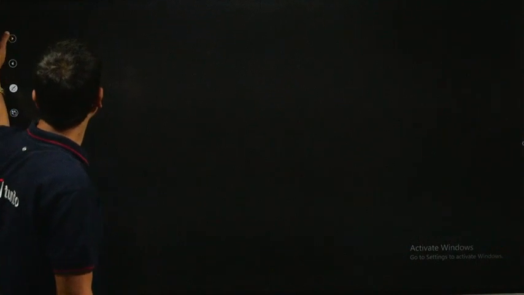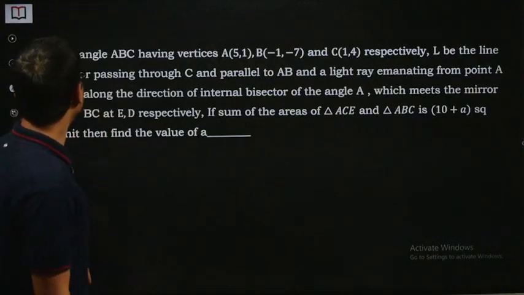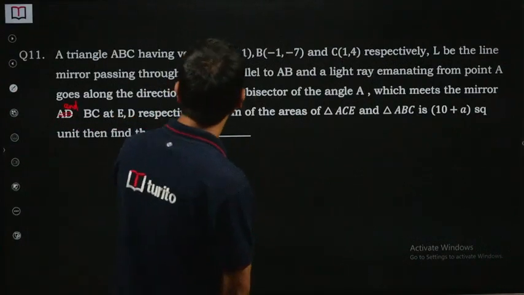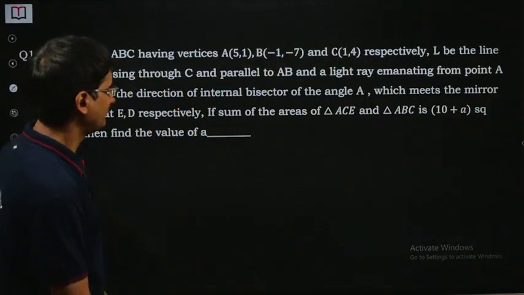So that's another question. Okay, then moving to the 11th one. Triangle ABC having vertices 5, 1, minus 1, minus 7, 4 respectively.